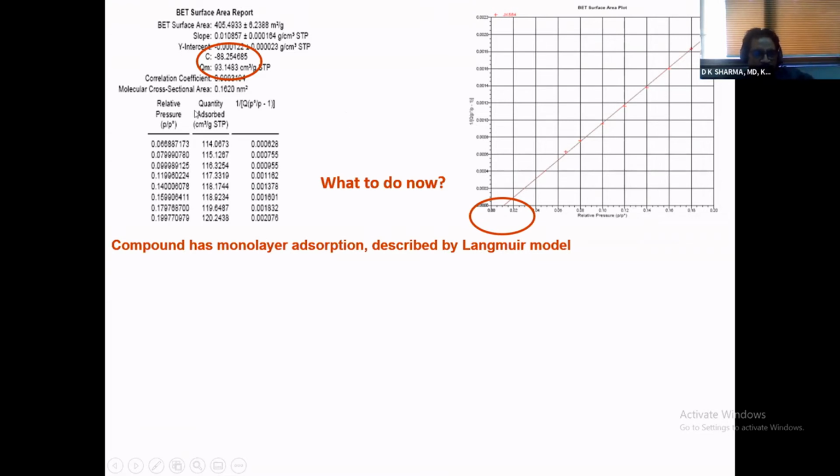When you look at this table, the first quantity adsorbed is 114, and then it goes up to 120. That's a good example that you must appreciate.